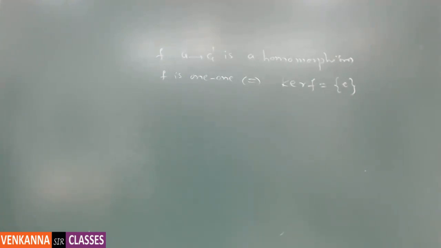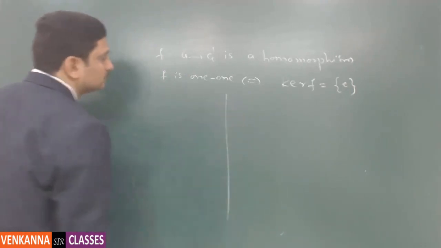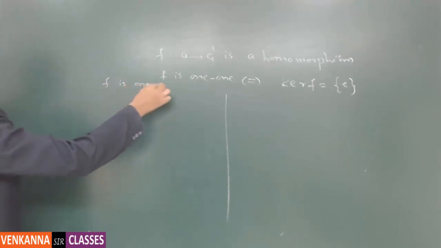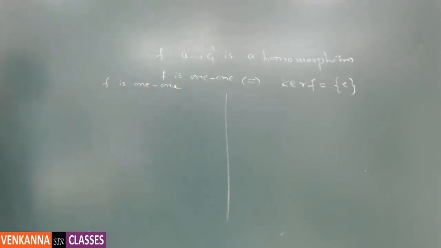Since it contains the main part as well as the converse part, let us prove them together. Suppose you assume that f is 1-1. Then you have to show that kernel f contains only one element.